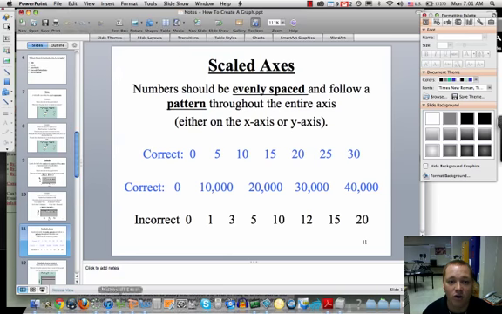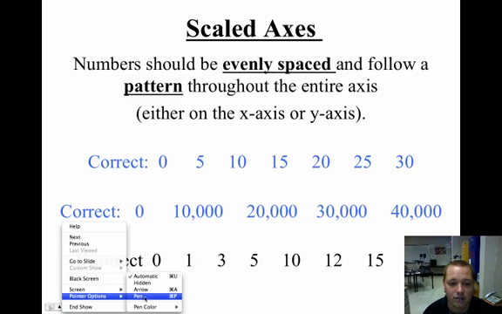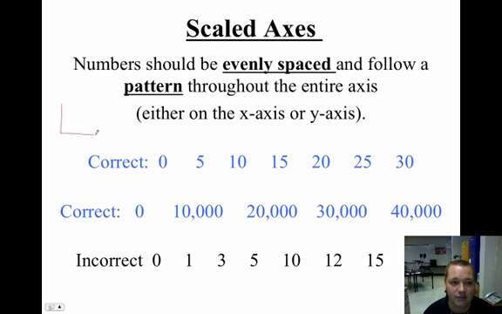Here's what you need to know also, is that a lot of people think that if you increase on the x-axis by 5, you must increase on the y-axis also by 5 as well. And that is not true. As long as the x-axis increases by the same number, so if we wanted to go 5, and then we wanted to go 10, it's increasing by 5.